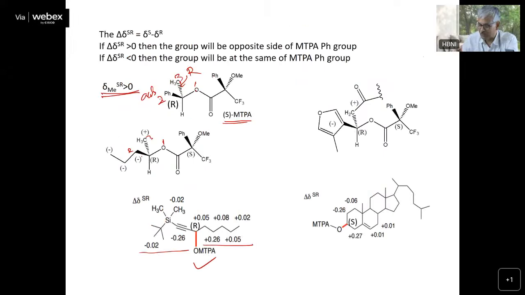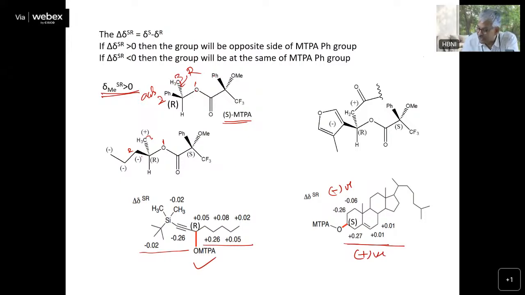Okay. Now, but if you see this one, this side is positive and this side negative. Okay. So that means this group will be going to the back side.